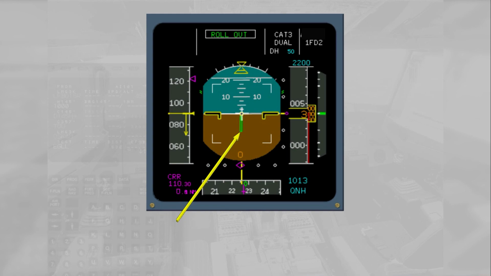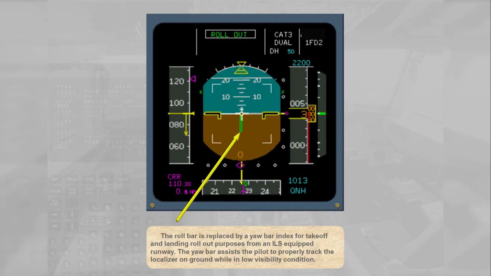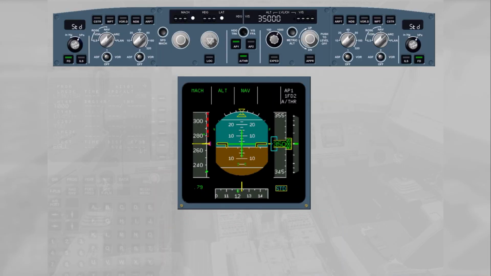The yaw bar assists the pilot to properly track the localizer on ground while in low visibility condition. The principle of the flight director crossbars has been reviewed in the EFIS module. Let's review another flight director symbology.